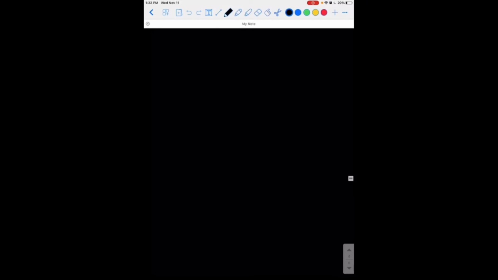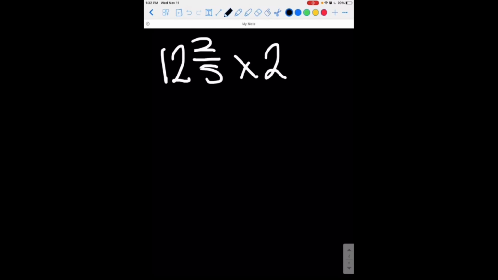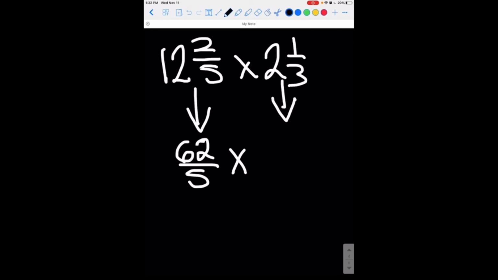Let's do one more example of multiplying mixed numbers. So if you get 12 and 2/5, and have to multiply it by 2 1/3, what would happen? Again, make these into improper fractions. What's 12 times 5? Oh, that's 60 plus 2, 62 over 5.